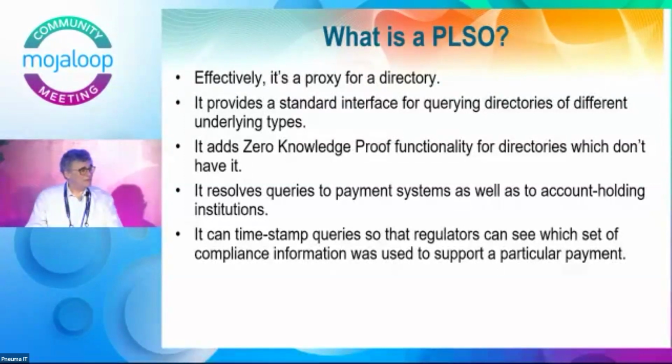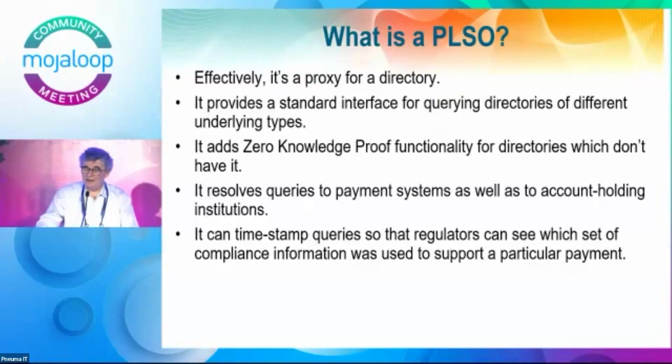And it also provides a way of timestamping information so that a regulator can also see which set of compliance information was used to support a particular payment. Now, obviously, compliance information changes over time. People change their names, they change their phone numbers, all of that kind of thing.